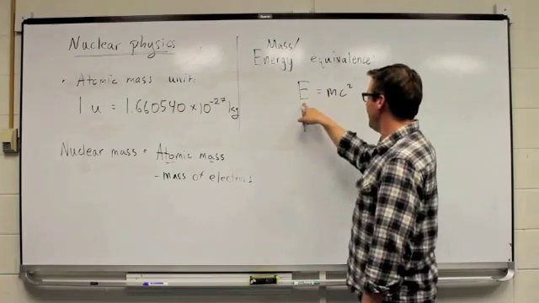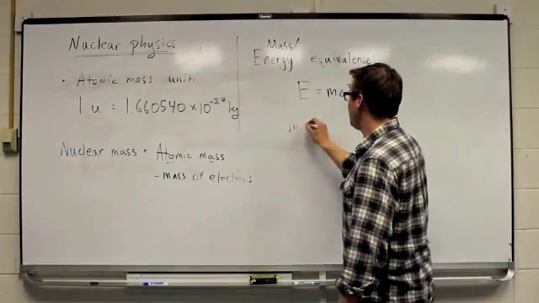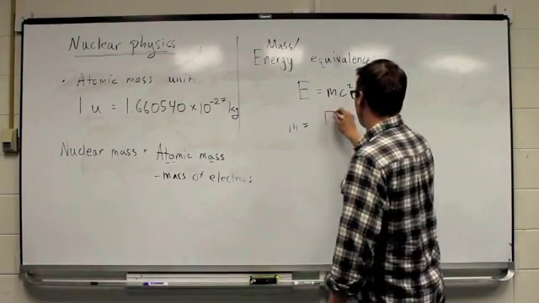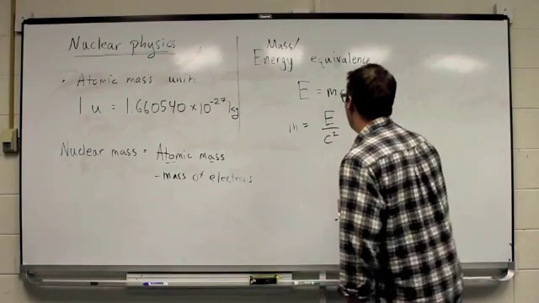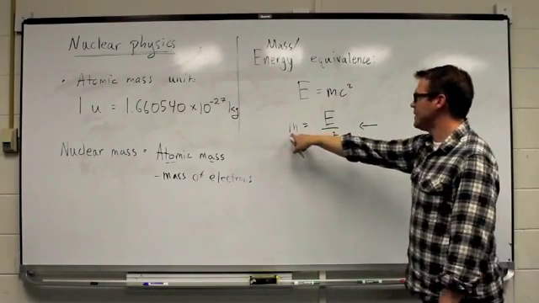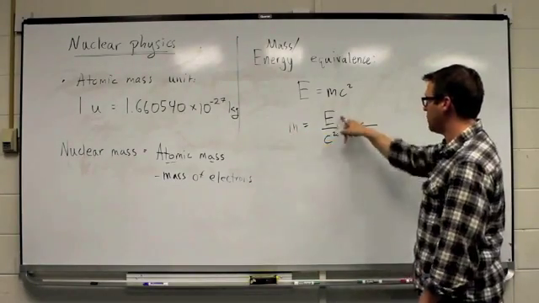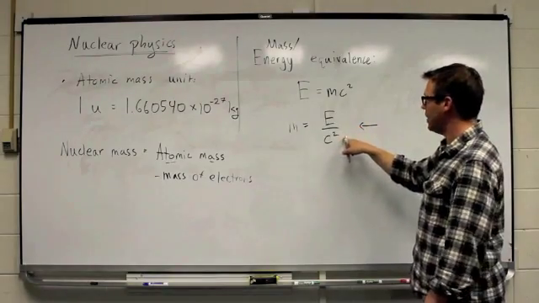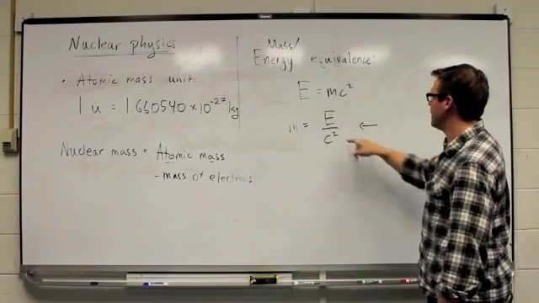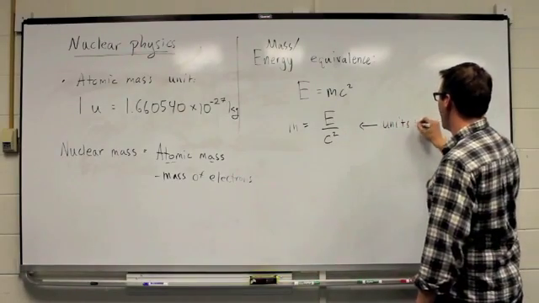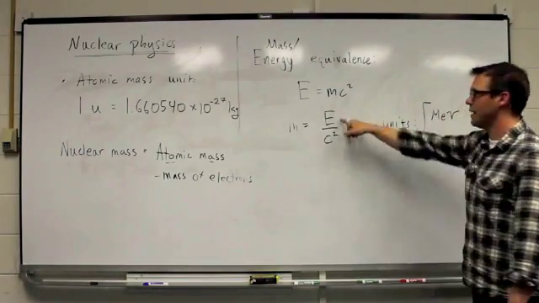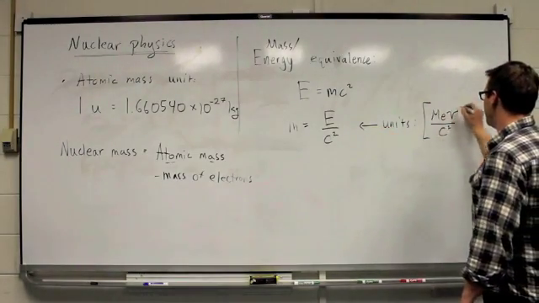Since energies are often measured in mega electron volts, if you look at the units, on the left-hand side we typically think of mass in kilograms, but the right-hand side of this equation suggests a new unit for mass, especially for the atomic world. If you think of the units on the right, we would see MeV up on top, because that's a typical energy for nuclei, divided by c squared.